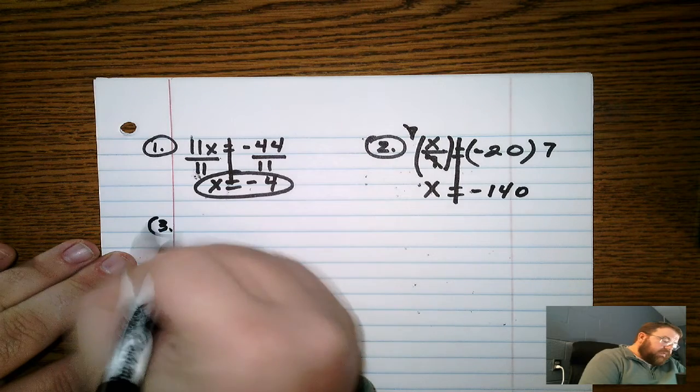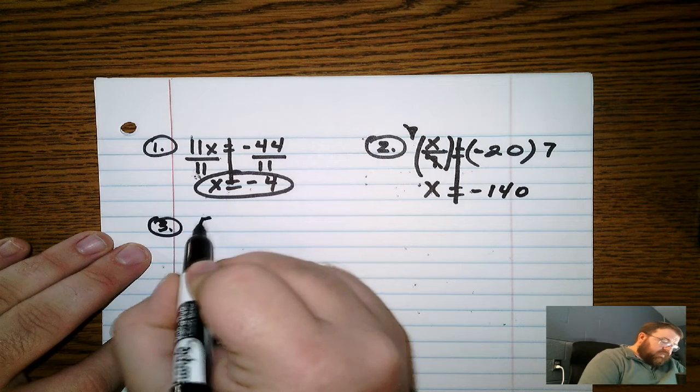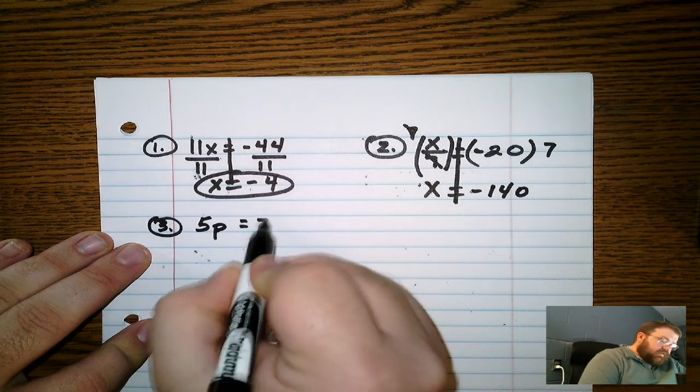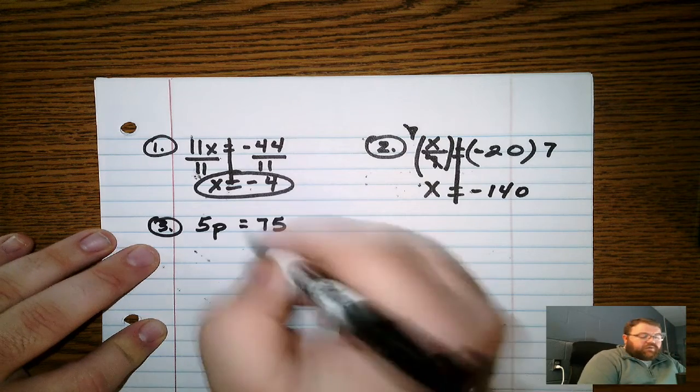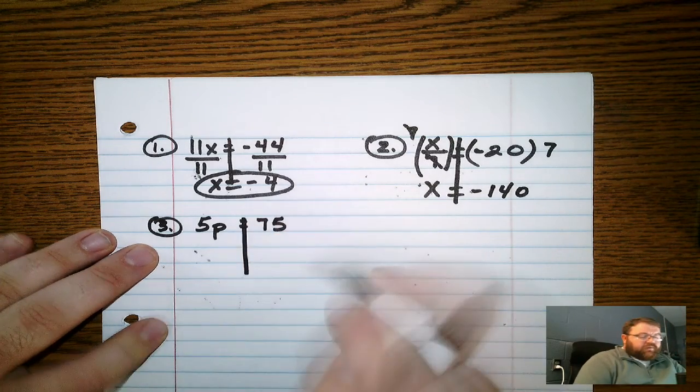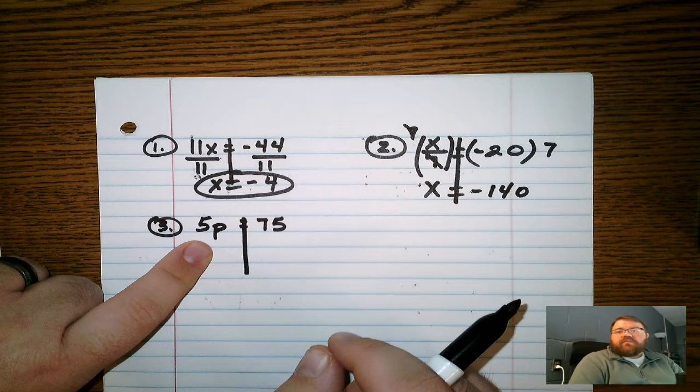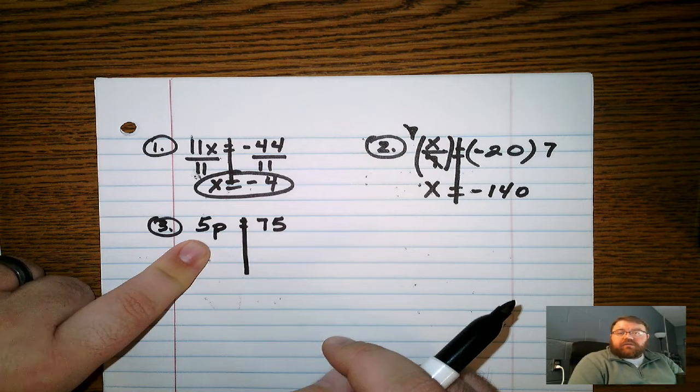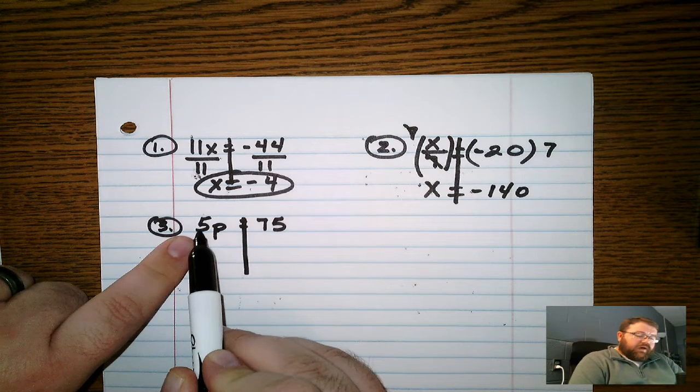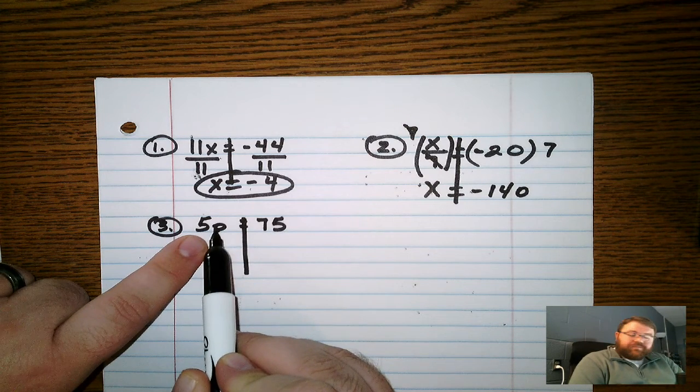Number 3, I have 5p is equal to 75. I'm going to draw my line, find my variable, ask myself what is the 5 trying to do to my variable. I know that it's trying to multiply because the 5 is sitting right next to the p.